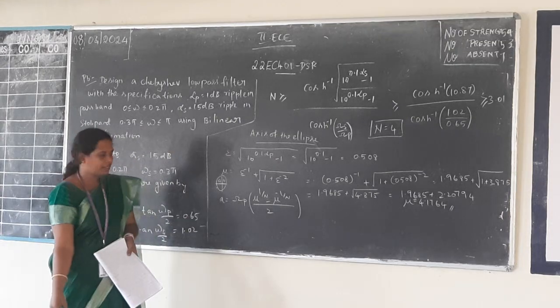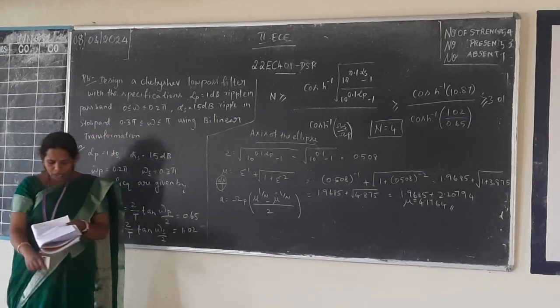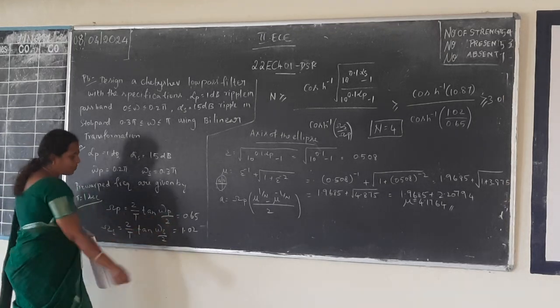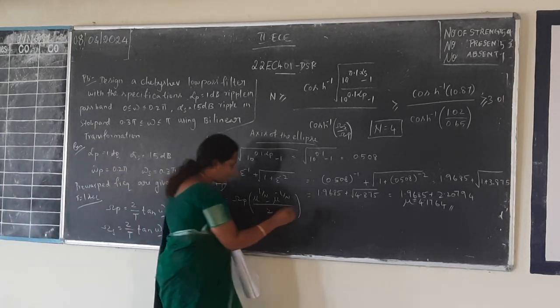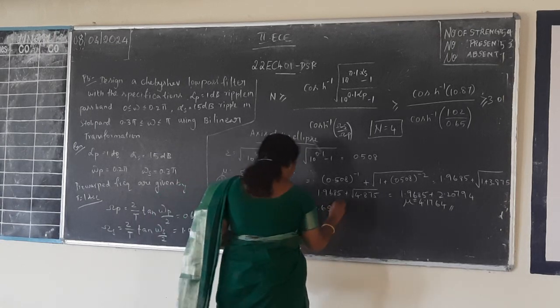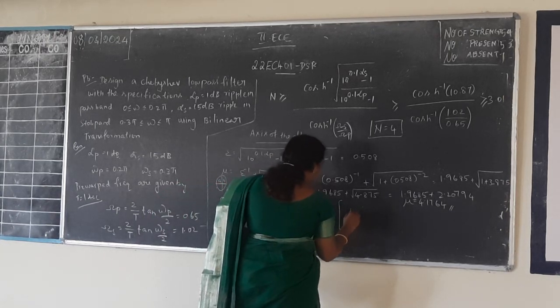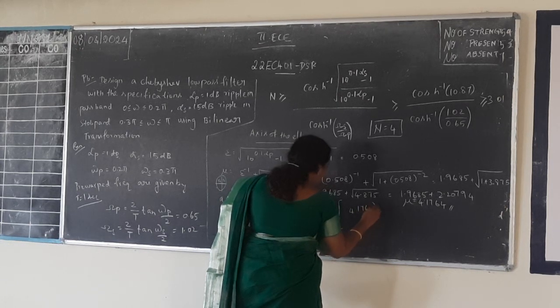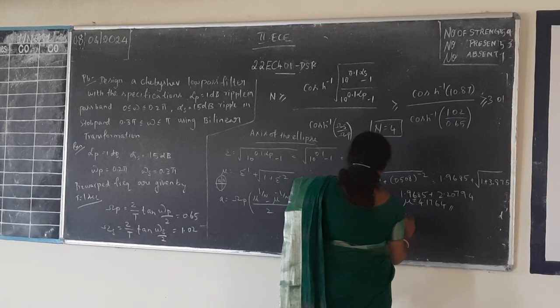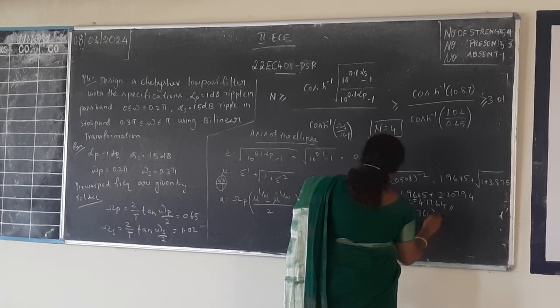So find out the A value. Omega suffix p, that is the pass band frequency, what we found is 0.65, right? 0.65 into mu power 1 by n, that is 4.1764 power 1 by 4, minus 4.1764, the whole power minus 1 by 4.